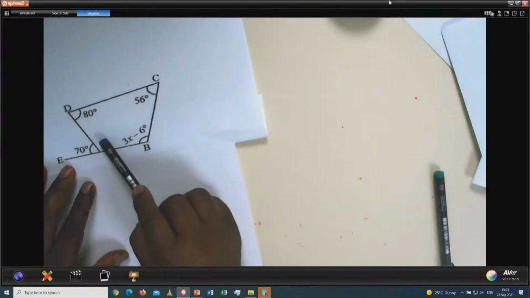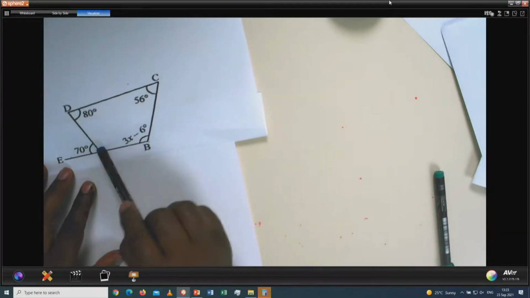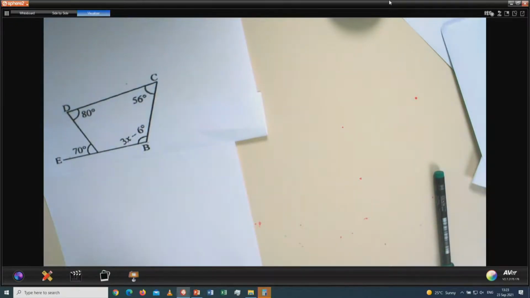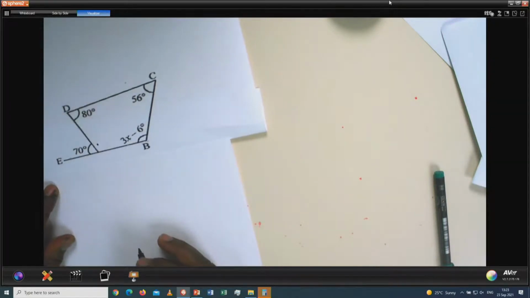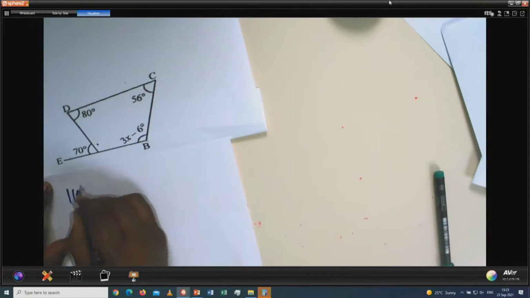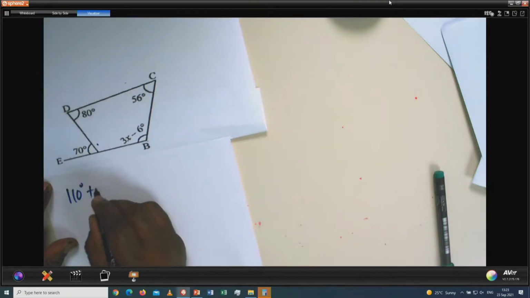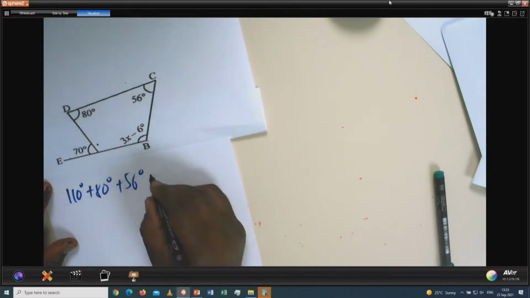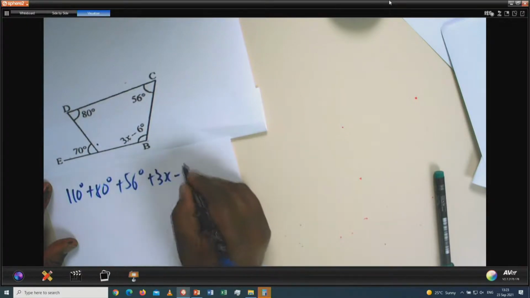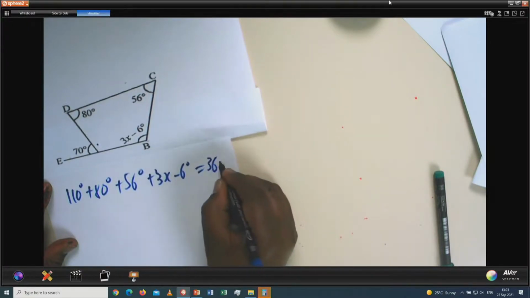But do we really not know? This one, what is the relationship? A straight line. Therefore, that one is 110 degrees. Now we say, 110 degrees plus your 80 degrees plus your 56 degrees plus your 3x minus 6 degrees equals 360.